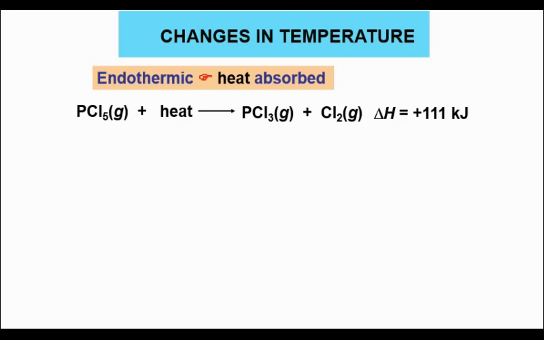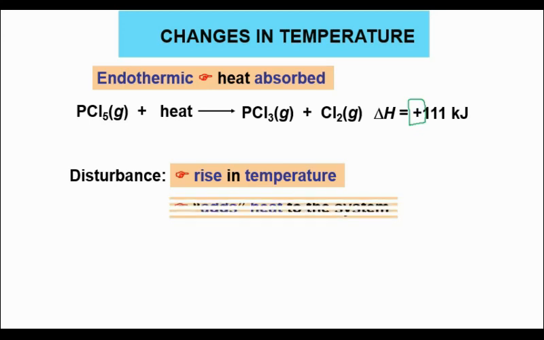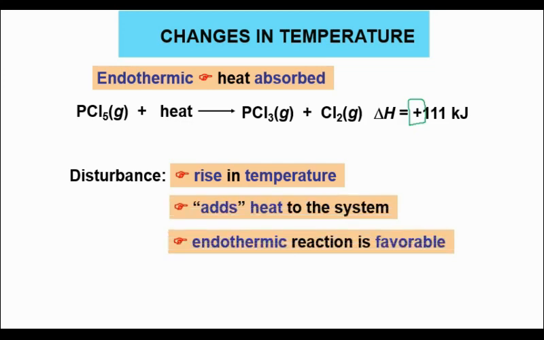And we can say the reaction is endothermic when we look at delta H and it has a positive symbol. So, for any disturbance to the endothermic reaction, for example, if we increase the temperature, it means we are adding more heat to the system. So, endothermic reaction is favorable as the reaction needs heat to proceed.